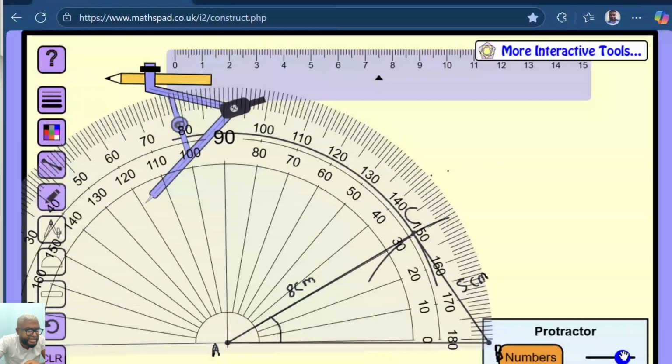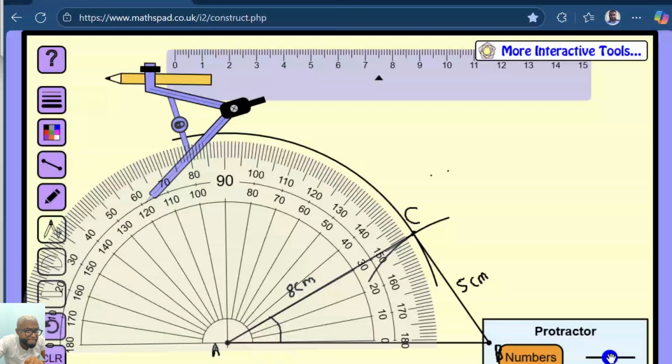Raise your hand if you got 30. 30 is the answer. Charles got 30, Brittany, John got 30, Chelsea got 30.